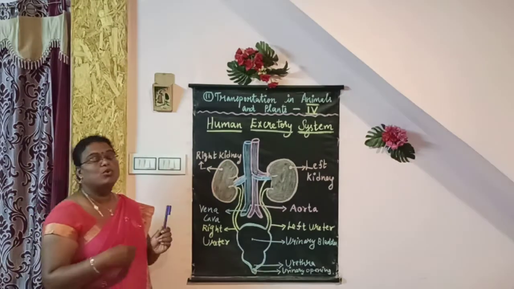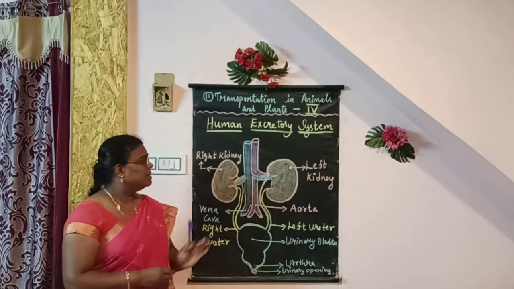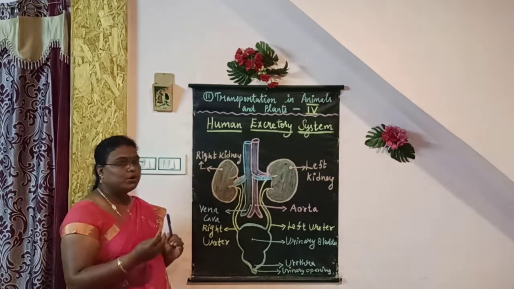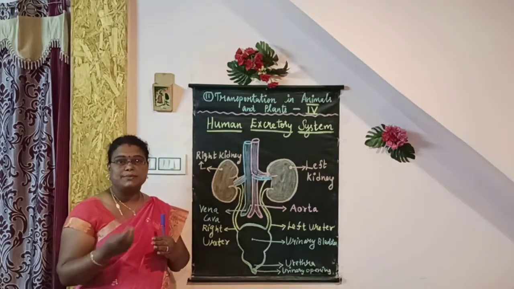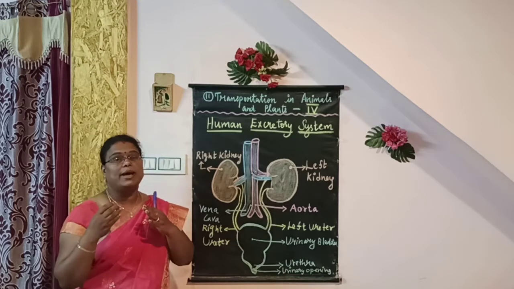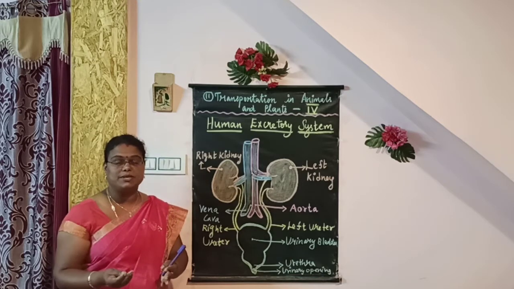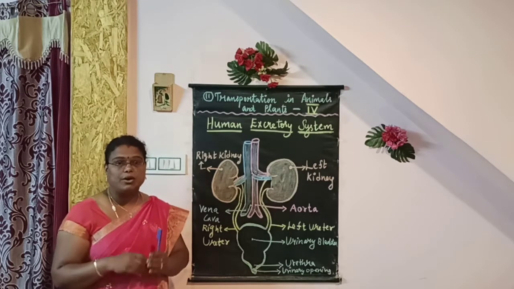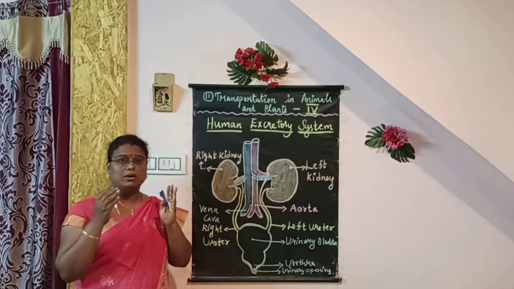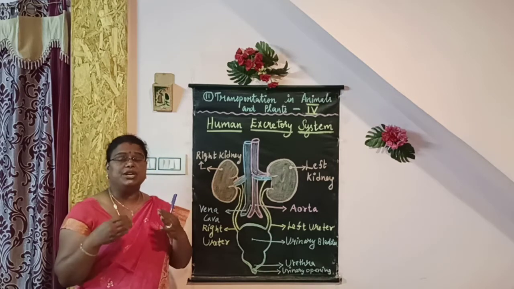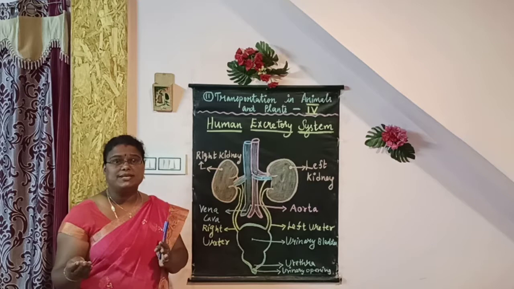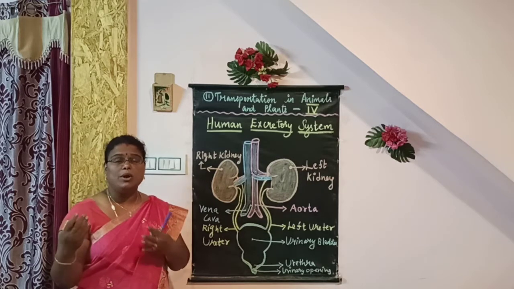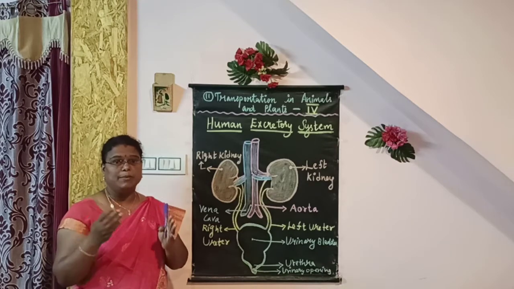Next students, we will move on to the function of the kidney. The main function of the kidney is blood purification. I told you that toxic substances, or harmful, poisonous substances, are to be excreted out of the body, and these are generated in each and every cell after cellular respiration and all metabolic activities.